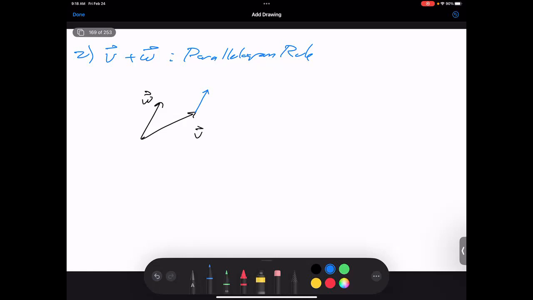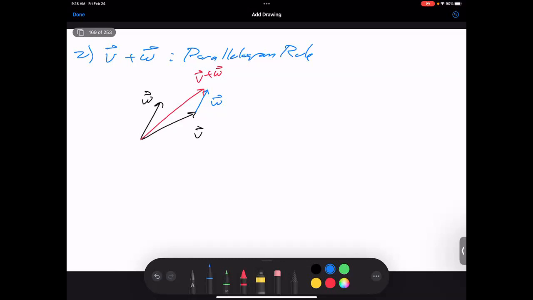Then this new thing over here would be my v plus w. So what I've really done here is I've just slid w along v. I've got the same vector as before, I've just changed where its base point is. I first move v, and then I move w. And I can use the parallelogram rule to add.